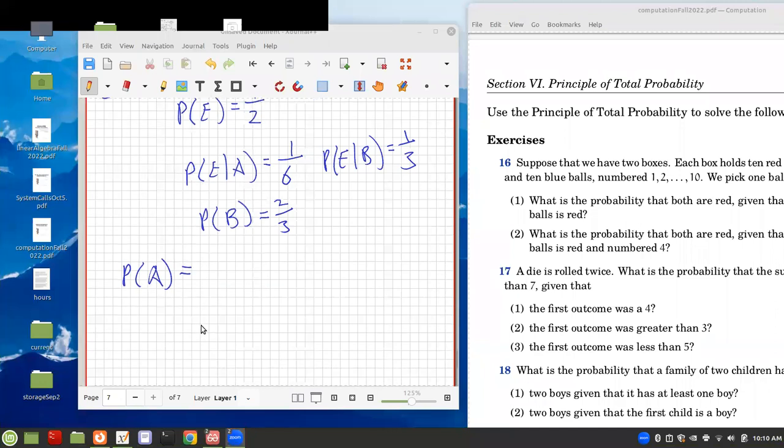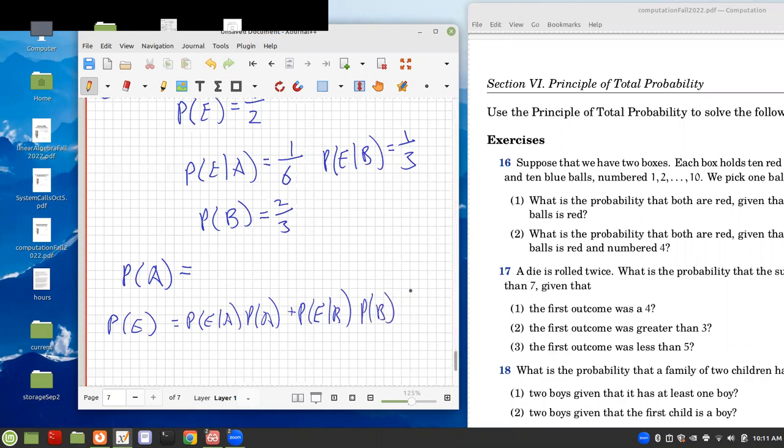Okay, so to find this, we just write down the law of total probability, since we have the information for dividing it up this way. The probability of E given A times the probability of A plus the probability of E given B times the probability of B. Well, let's see what we have.